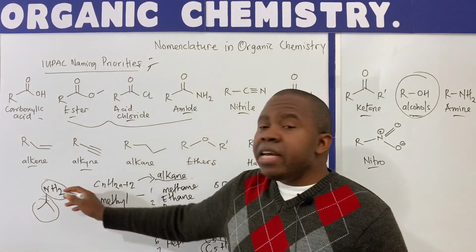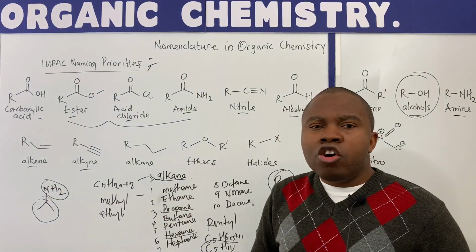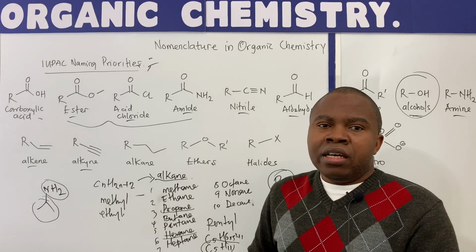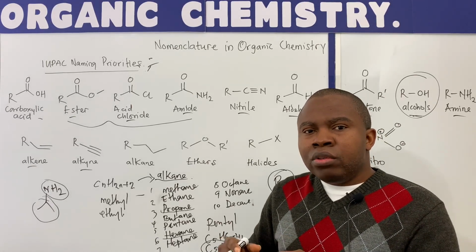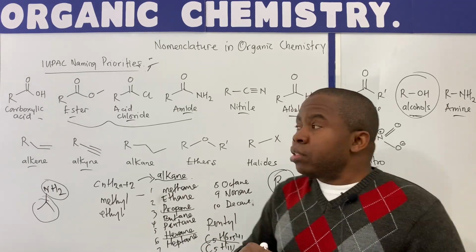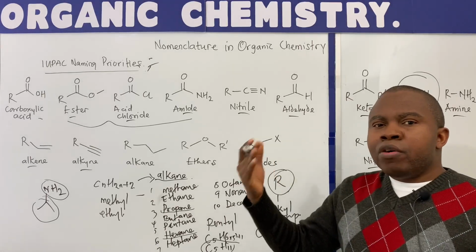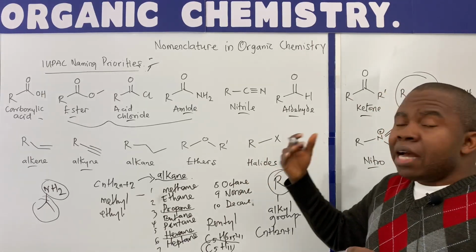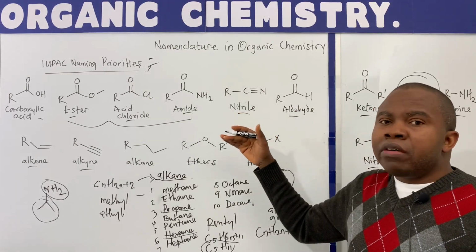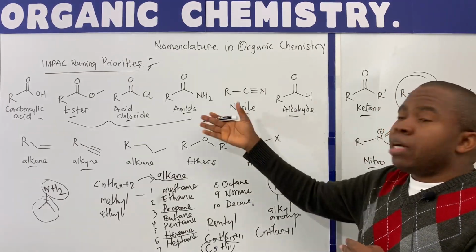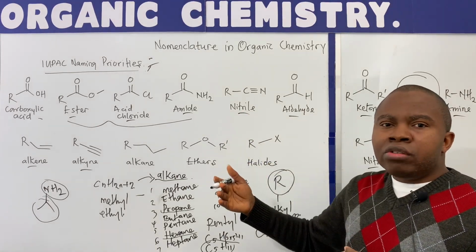So when you have NH2 in an organic molecule, then that compound becomes an amine, as long as you only have the NH2 in the molecule with an alkyl group. But in a situation whereby you have other functional groups that have higher priority than amine in the IUPAC naming priority, then you have to look at the priority to determine what functional group would go into the parent name.